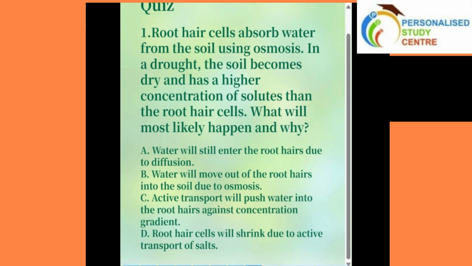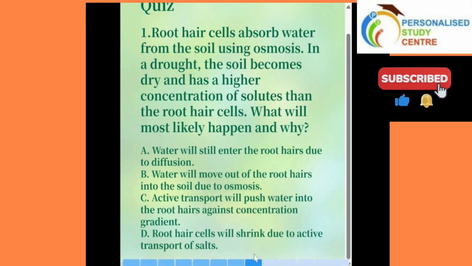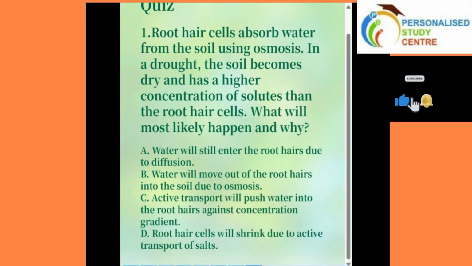B, water will move out of the root hairs into the soil due to osmosis. C, active transport will push water into the root hairs against the concentration gradient. D, root hair cells will shrink due to transport of cells. So you have to choose the correct option and write it in the comment box. The answer will be shared in our next video.